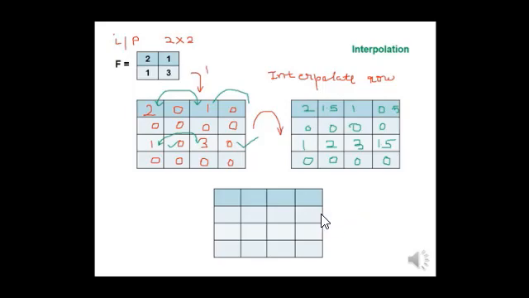Now we will move on to column wise interpolation. In column wise interpolation, the second and fourth rows, which have all zeros, will be converted and will have real values.